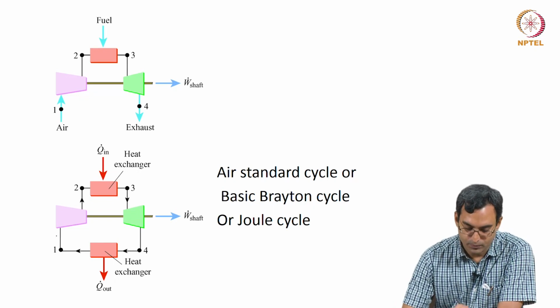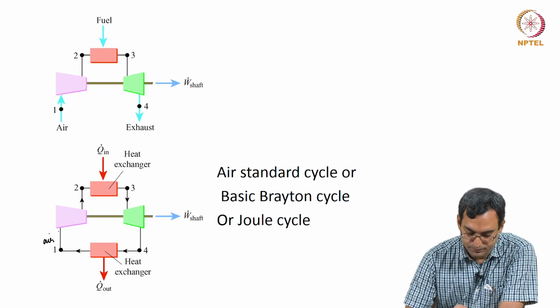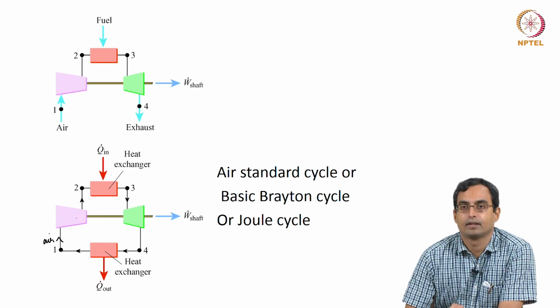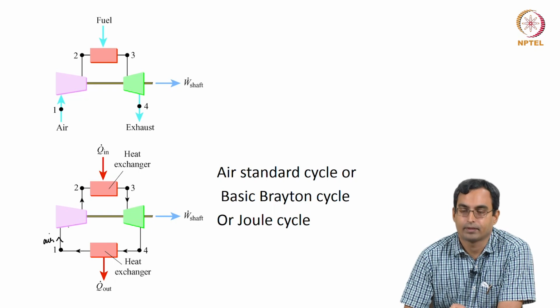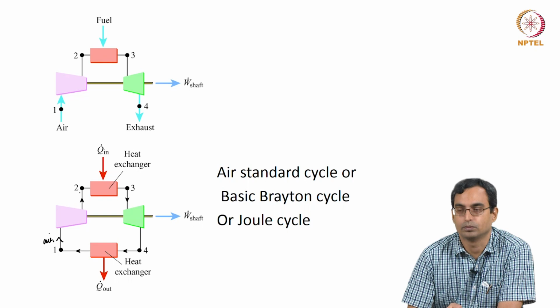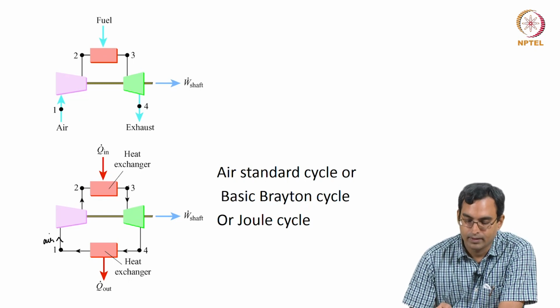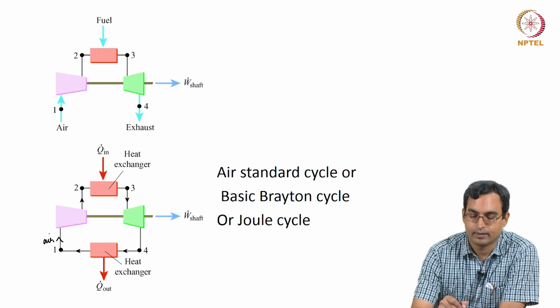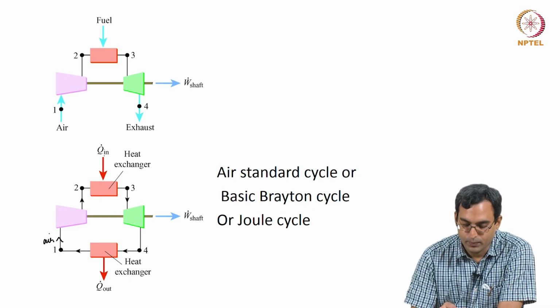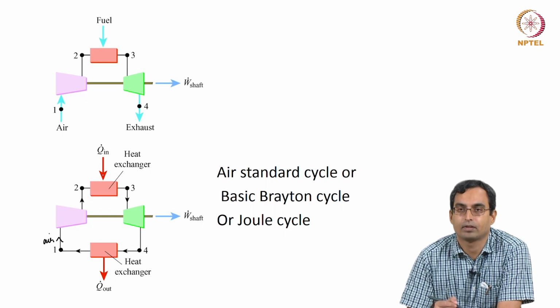So, we have air which is here at some point 1. We send it to a compressor. The compressor takes in this air at low pressure, increases its pressure and temperature, and we get air out at point 2. We take this air, in reality we would add fuel here and burn, but in our standard cycle what we do is we add heat here and increase the temperature of the air.